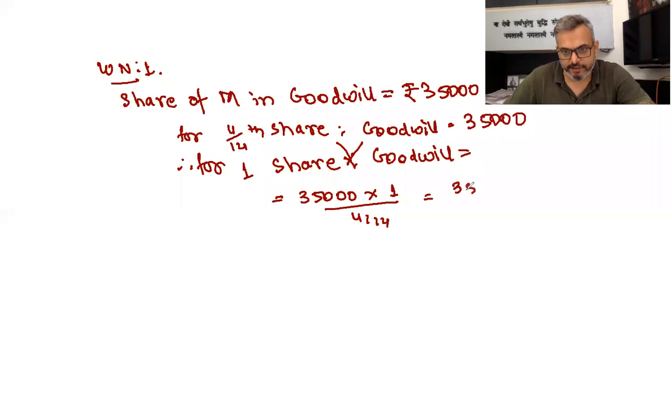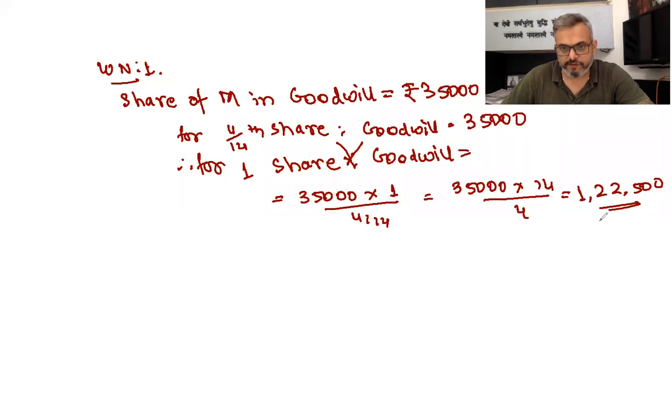So 35,000 into 14 divide by 4. कैलकुलेटर उठाओ और चेक करो कितना आ रहा है. 1,22,500. Now this is the total goodwill of the firm.